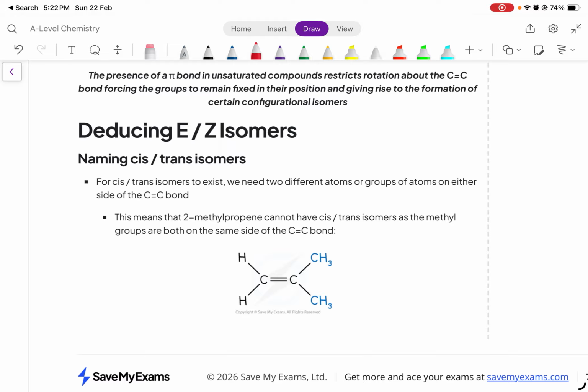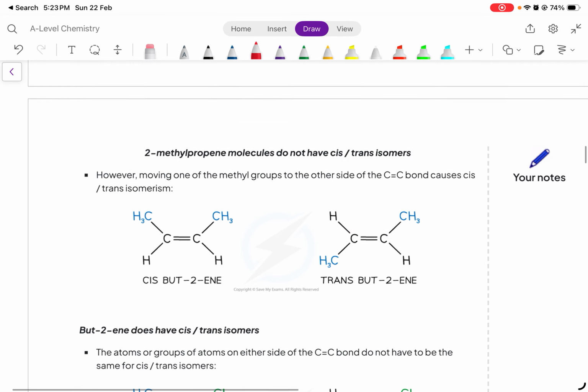So in this case we have to treat it as, how do I say it, like a special case for it.